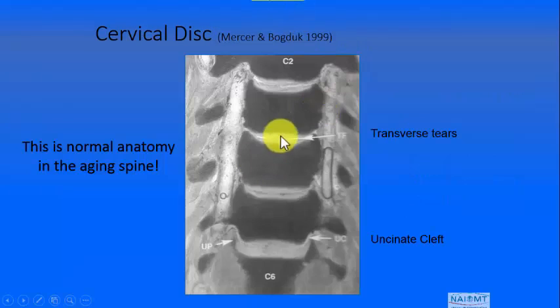Remember, these tears in the disc are part of normal aging. As these U-joints form, it changes the available axis, and we get this tearing occurring in the posterior part of the disc, which is completely normal and very different from what happens in the lumbar disc.